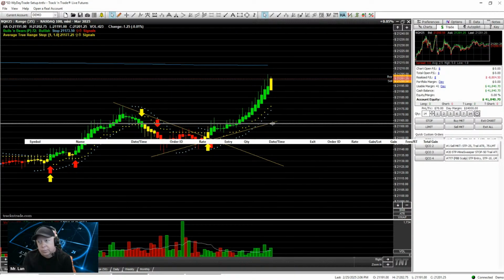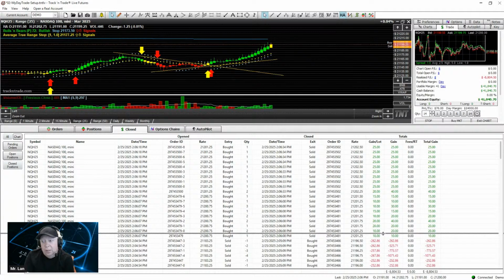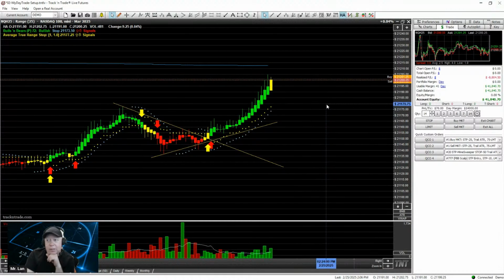Well, that was fun. Bunch of nice little moves there, but when it kills you in this strategy, you've got to be prepared for that if you're going to do this kind of trading.